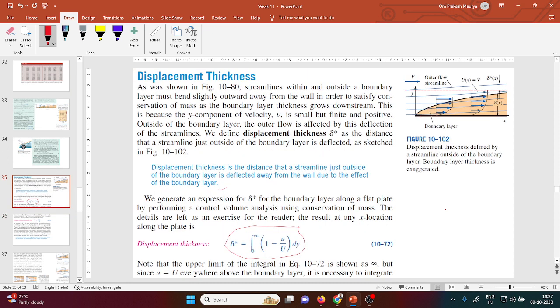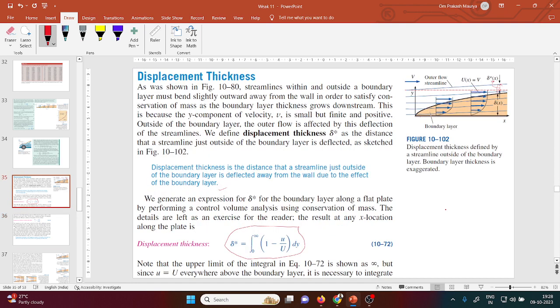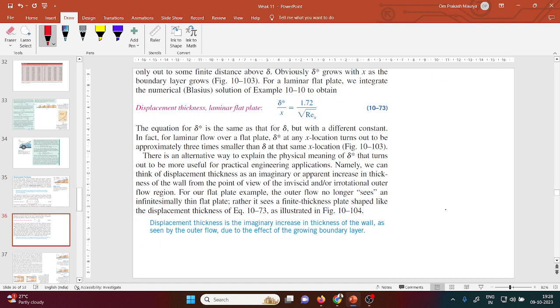Not very clear, sir, actually. Why is it deflected due to the effect of the boundary layer? If you see the figure, it is very clearly visible. In this figure, the distance between this and this is the displacement thickness. You remember this, maybe it will be required.